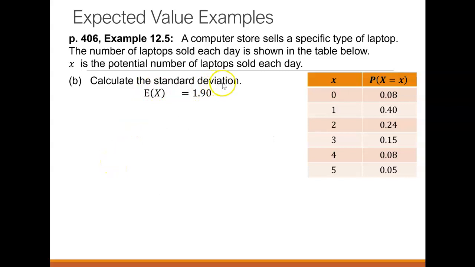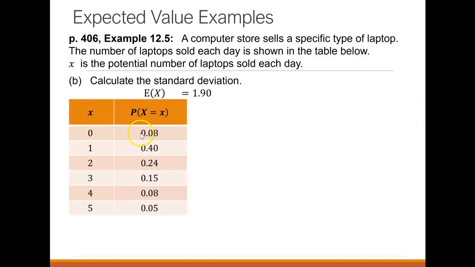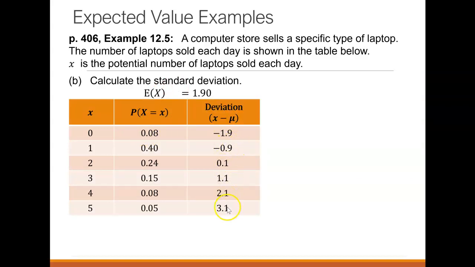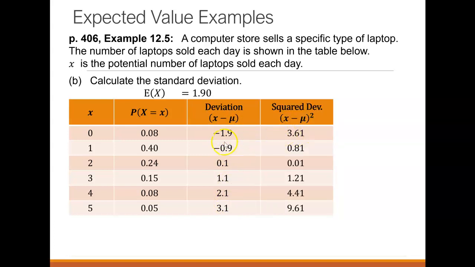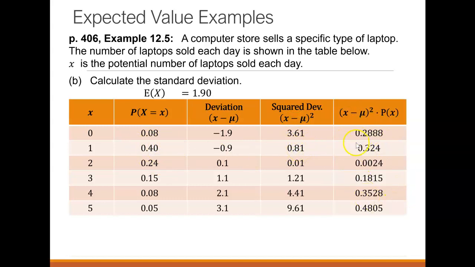Now, if I want the standard deviation, here's my expectation. So I'm going to have 0 minus 1.9, 1 minus 1.9, 2 minus 1.9, and so on. And then I'm going to square each one of these, so negative 1.9 squared, negative 0.9 squared, and so on. And then I'm going to multiply these by the probability, so 0.8 times 3.61, 0.4 times 0.81, and so on to get these.